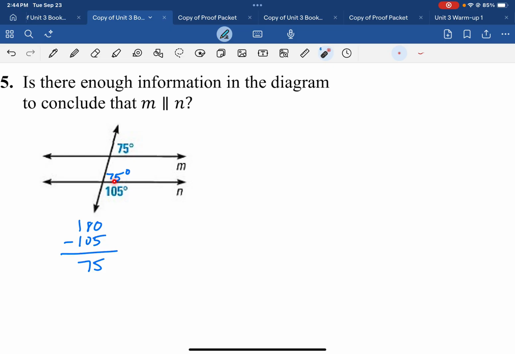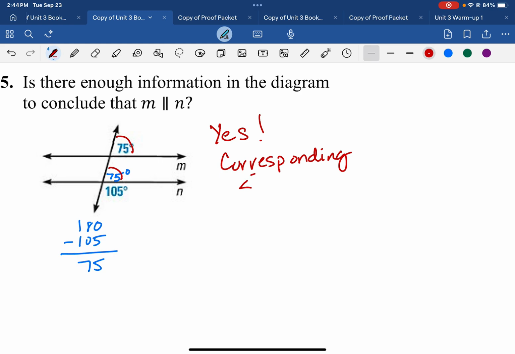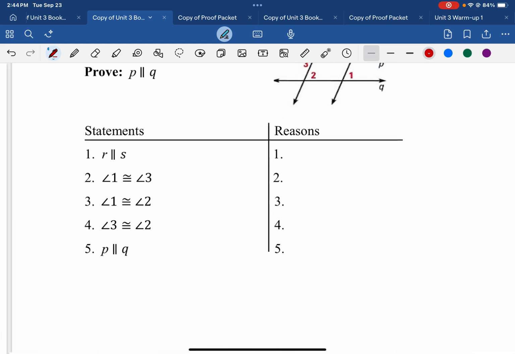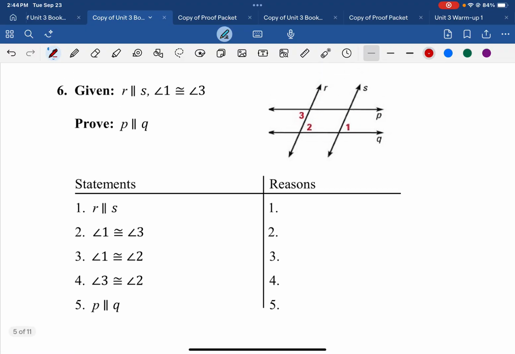And if corresponding angles are congruent, then the lines would be parallel, right? So yes, there is enough information. We know that the corresponding angles are congruent. Okay? Awesome.